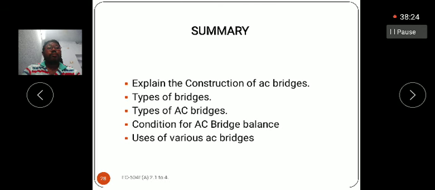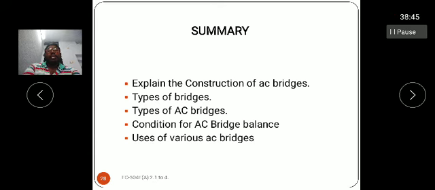After that, we are going to the next concept, the conditions for AC bridge balance. For the condition of AC bridge balance, we take a bridge circuit whose arms are connected to the impedances Z1, Z2, Z3, and Z4.